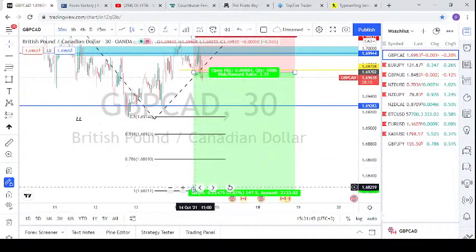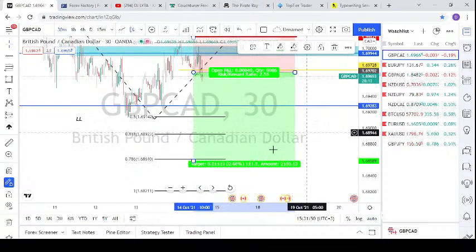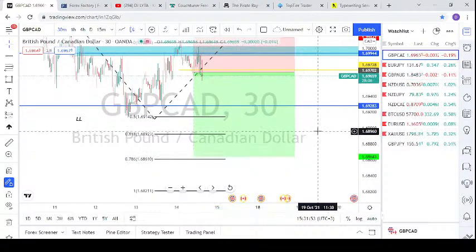Let's see what kind of risk reward ratio this is. 61.8 is perfectly fine with me. That's a nice position, very good risk reward ratio. Continuation towards the downside, very nice.